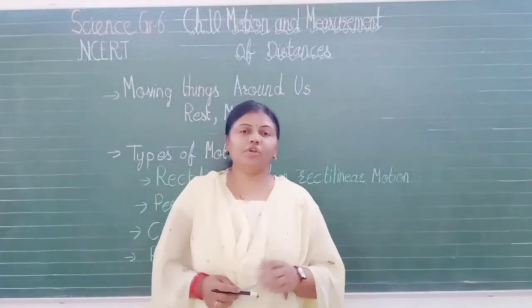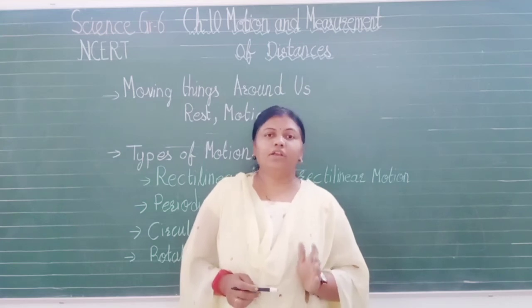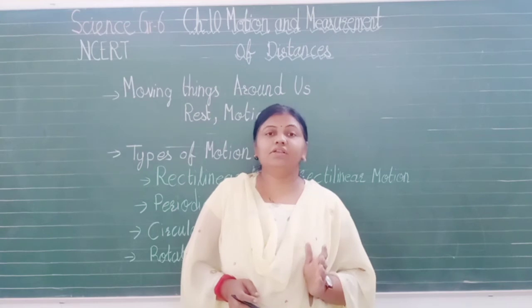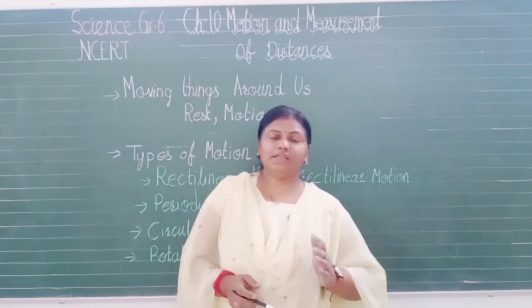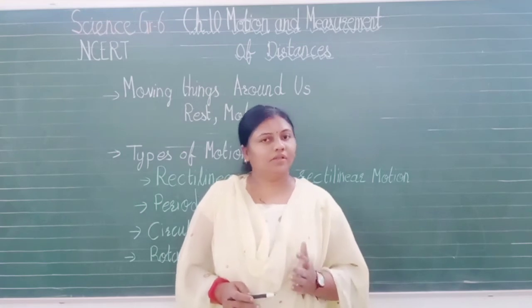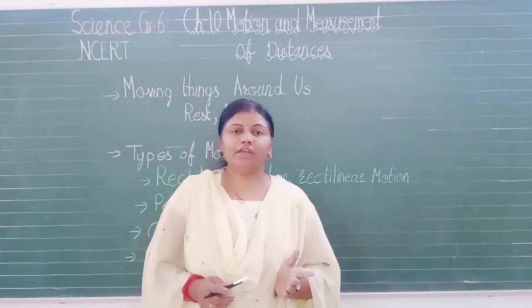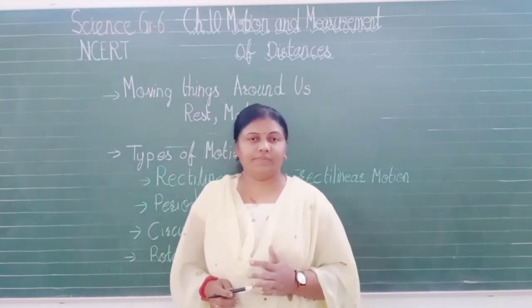Okay students, so you are clear with the term measurement. Now you know very well that SI is the International System of Units, and what is the SI unit of length? That is the meter. So with the help of SI units you can get an accurate and reliable measurement.